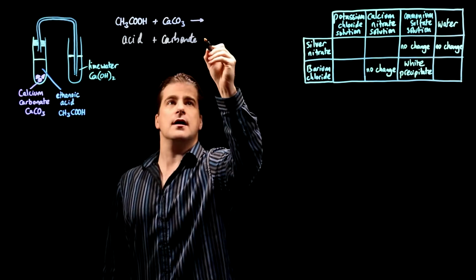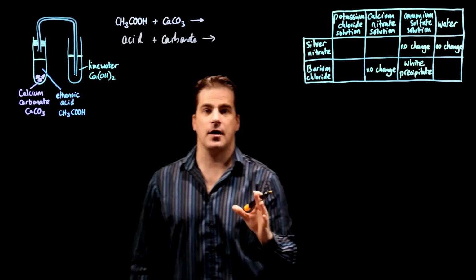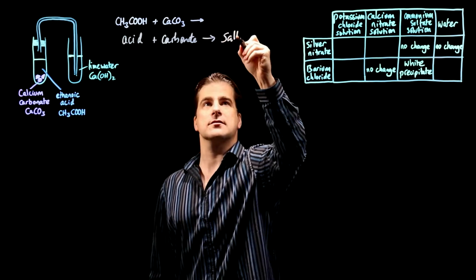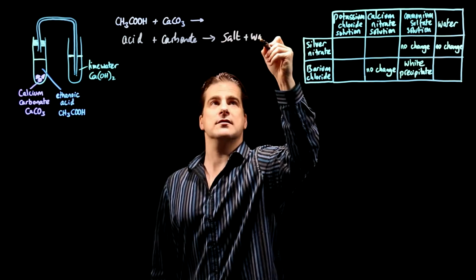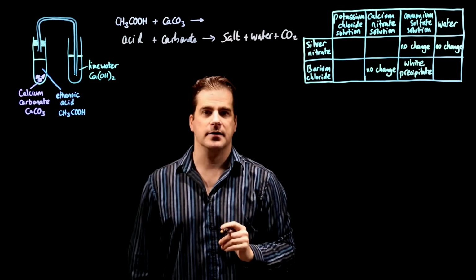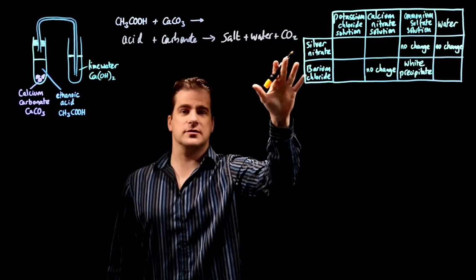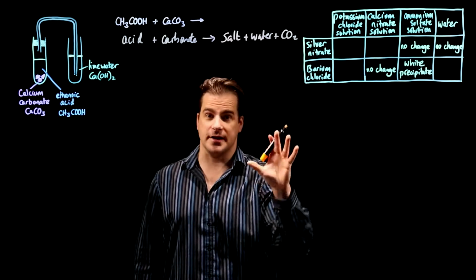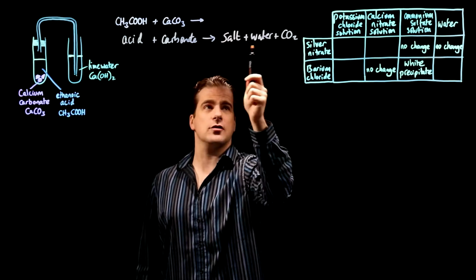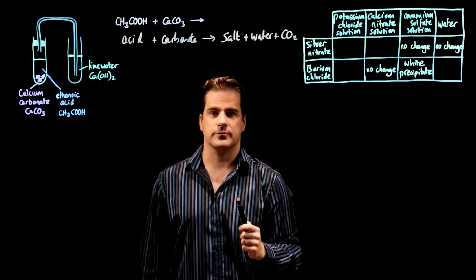Okay? And whenever you mix an acid and a carbonate, you always get a salt, water, and carbon dioxide. That's a very important general reaction in chemistry that you need to remember. Acid plus carbonate goes to salt plus water plus CO2.